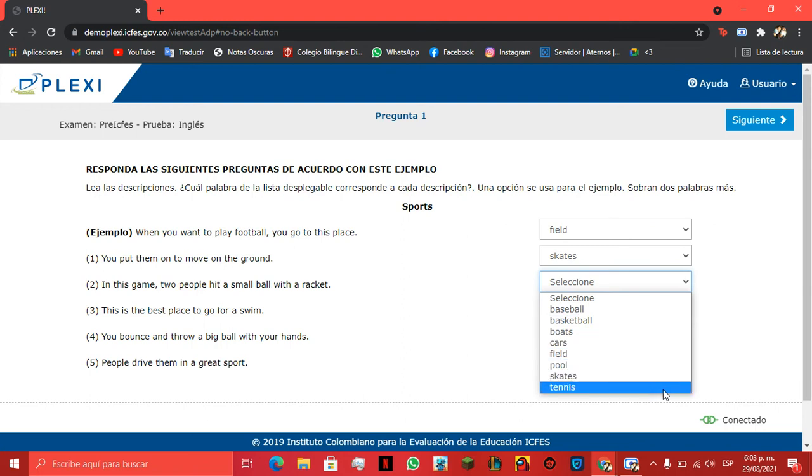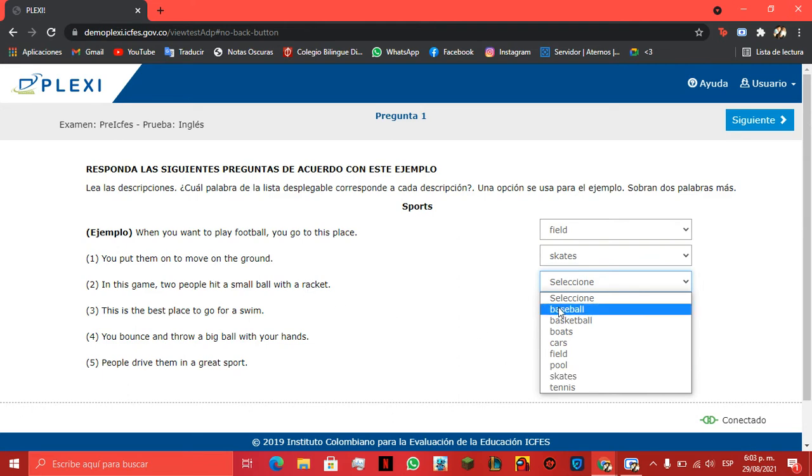They are sports, and this one is played by two people and they use rackets to hit a small ball.